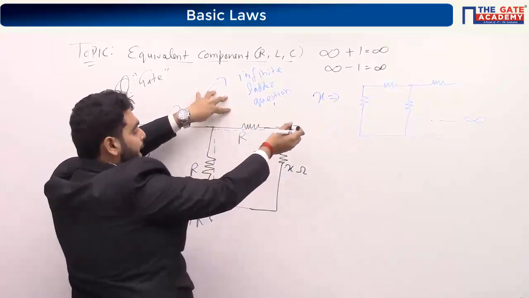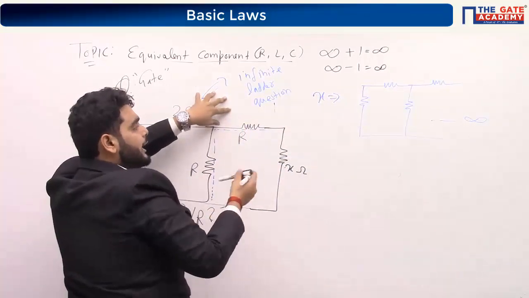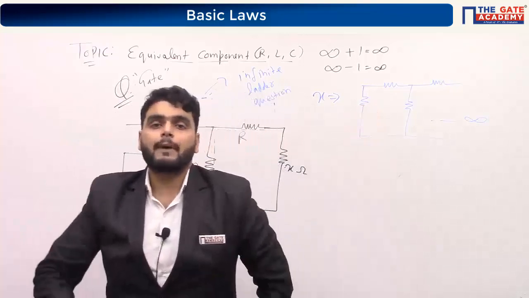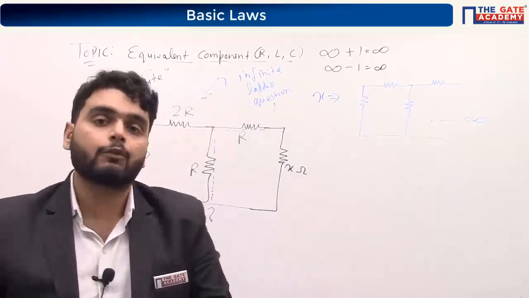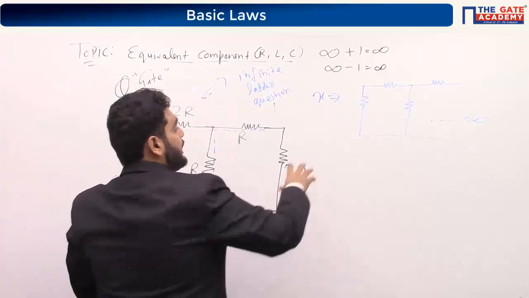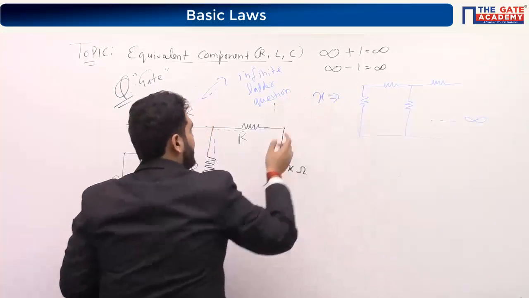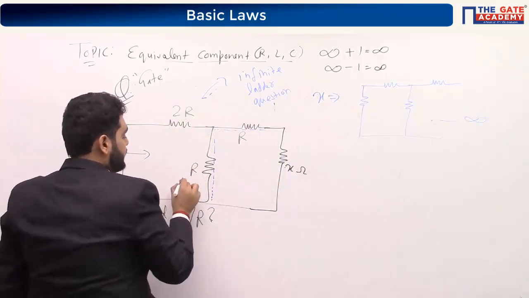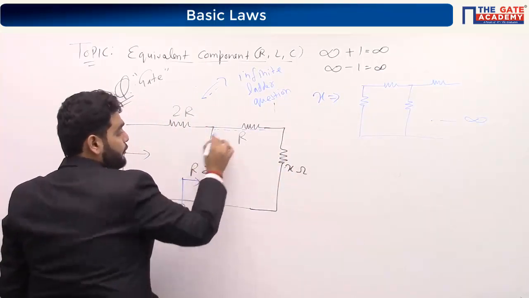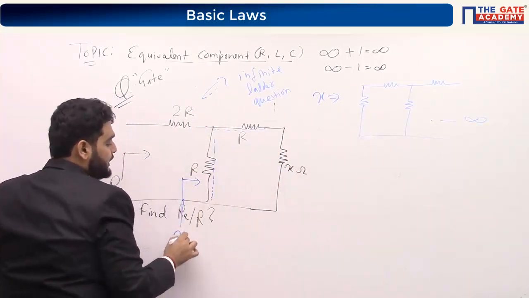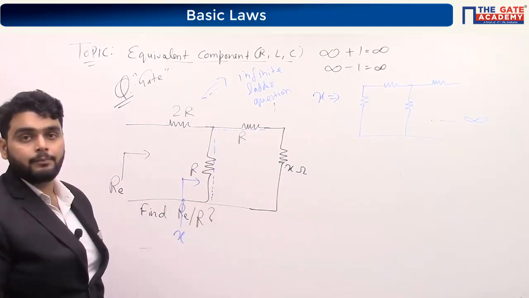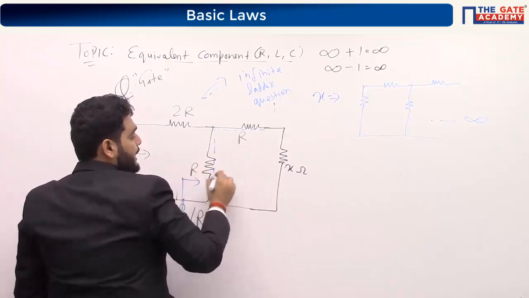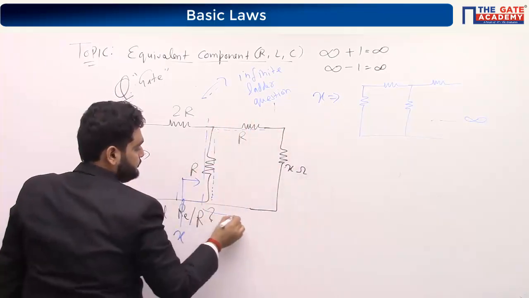If I add the same branch, there will be no effect on the resistance, because adding one thing to infinity gives infinity again. So the resistance from this point will again be X. So I can say the resistance will be X for this much portion.